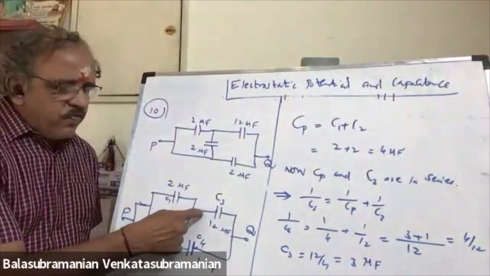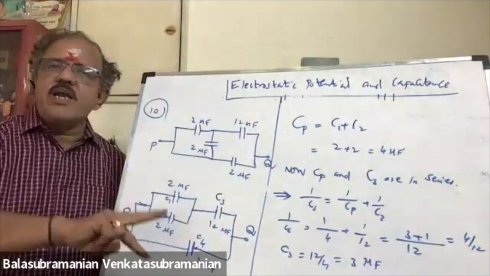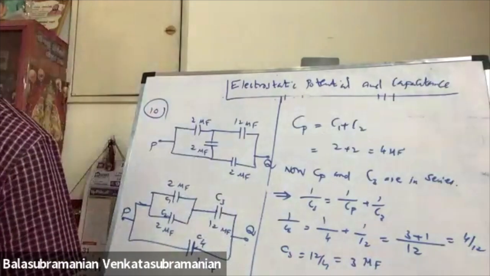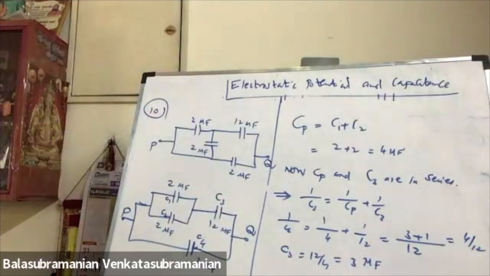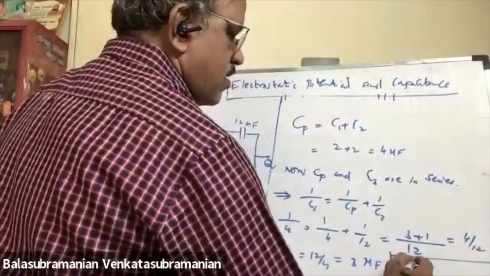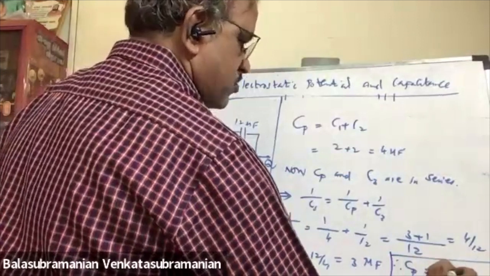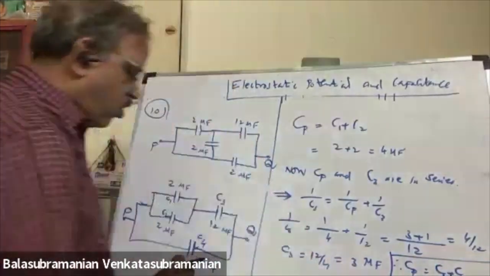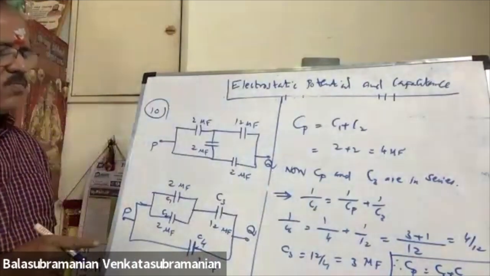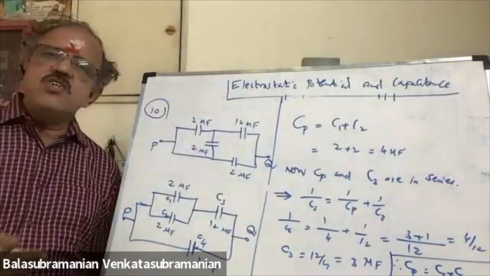This 3 microfarad and 2 microfarad are in parallel. Therefore, what will happen? Cp is equal to Cs plus C4. Cs is 3, C4 is 2.